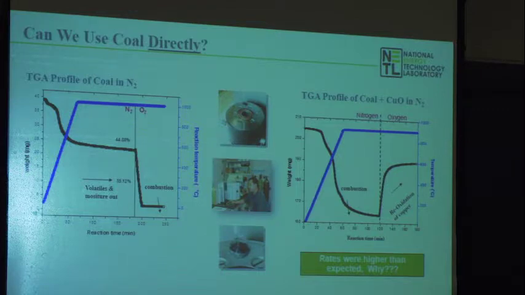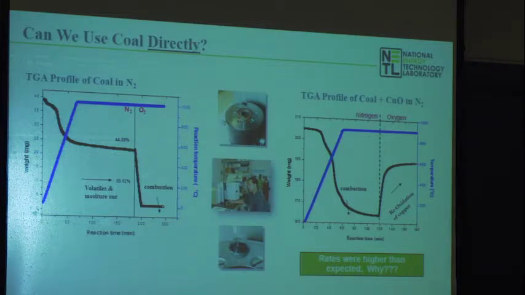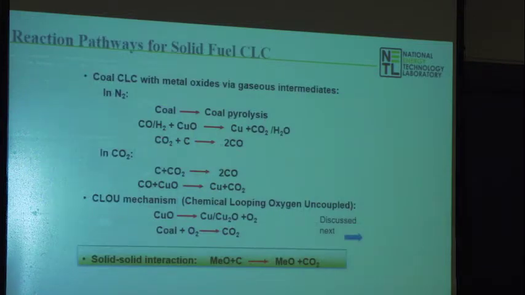That'll produce more CO2 and water that can then serve as a gasifying media. That's pretty much how most people really thought the physics of this happened. And that's true. That does happen. All right? It's a part of the process. But we weren't satisfied that the rates matched our understanding of those processes. The gasification rates just didn't seem like they'd be fast enough at these conditions. So what in the world's going on here?